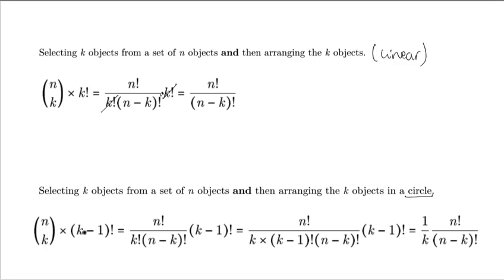So you will take k minus 1 factorial, and if you work it out, this term will cancel with this one, and you are left with this formula here. Okay? So these are our formulas worked out with the factorials, and you can check them if you want.